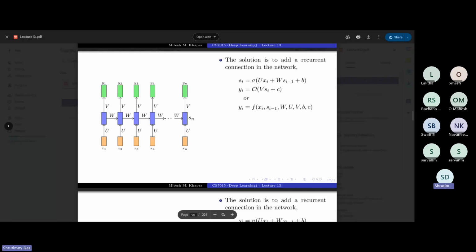Yeah, you can share the solution in the chat box. Yeah, this is correct.